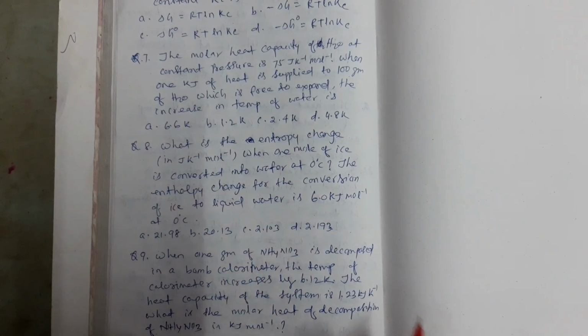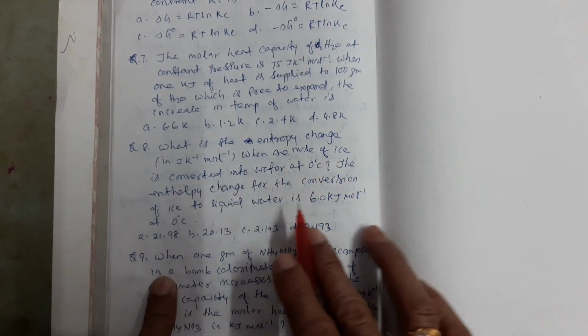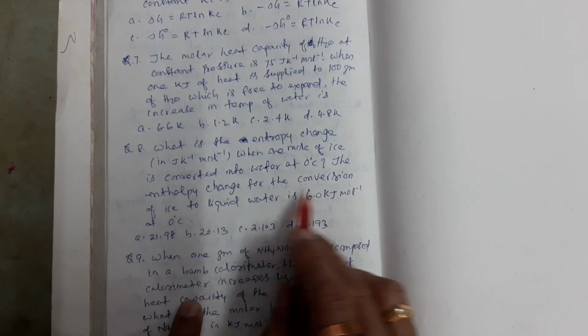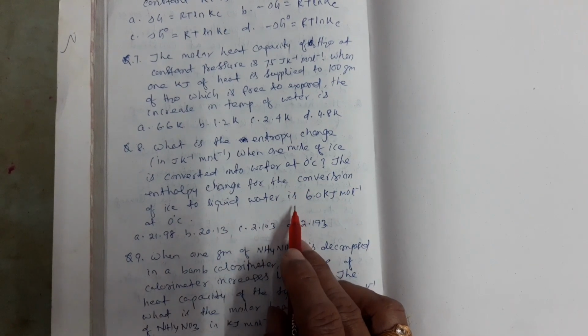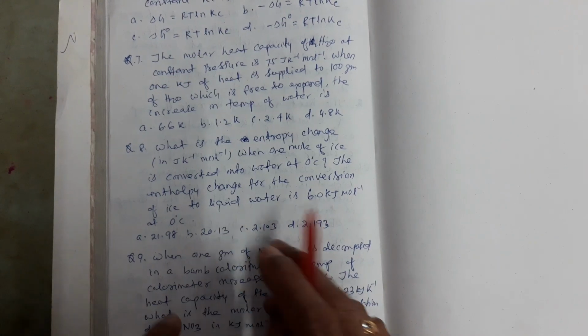Next, question number 8: what is the entropy change when 1 mole of ice is converted into water at 0 degree centigrade? The enthalpy change for the conversion of ice to liquid water is 6 kilojoule per mole at 0 degree centigrade.